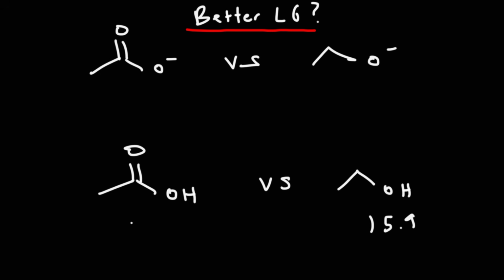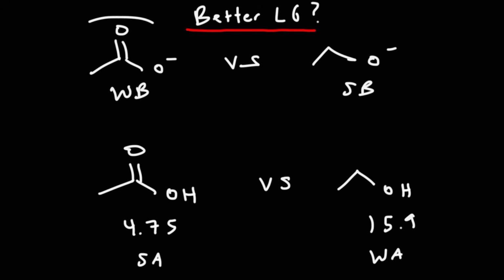For acetic acid, it's 4.75. We know that the lower the pKa value, the stronger the acid. So this is the stronger acid, this is the weaker acid. The stronger the acid, the weaker the conjugate base. And the better leaving group is going to be the weaker base. So this one is the better leaving group.